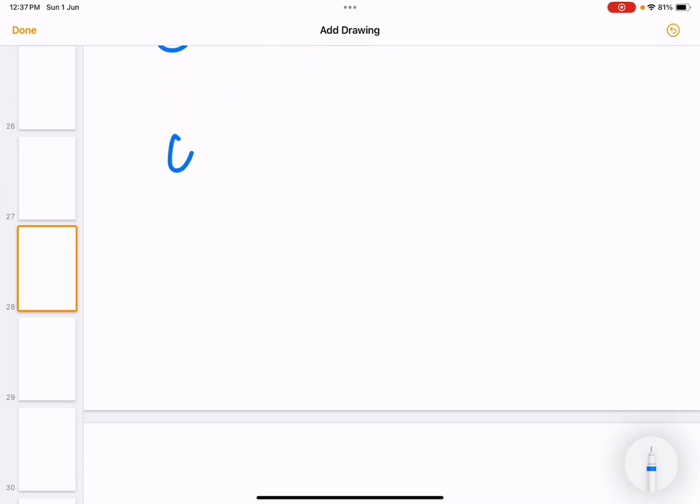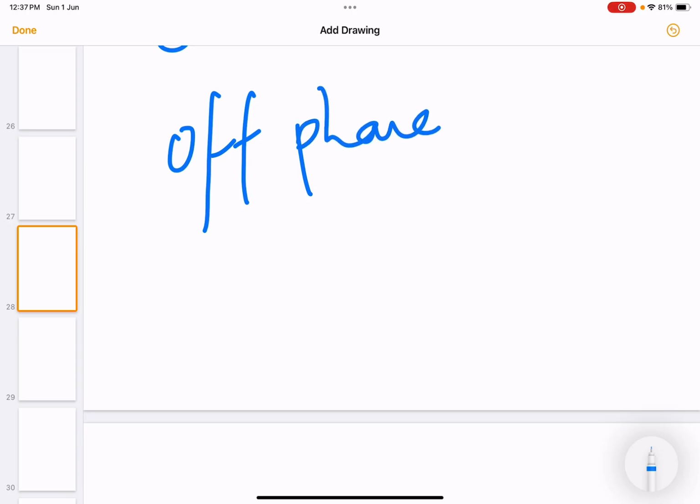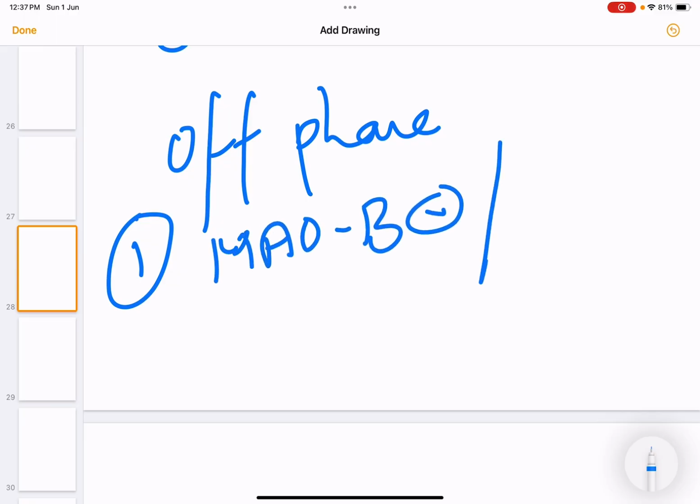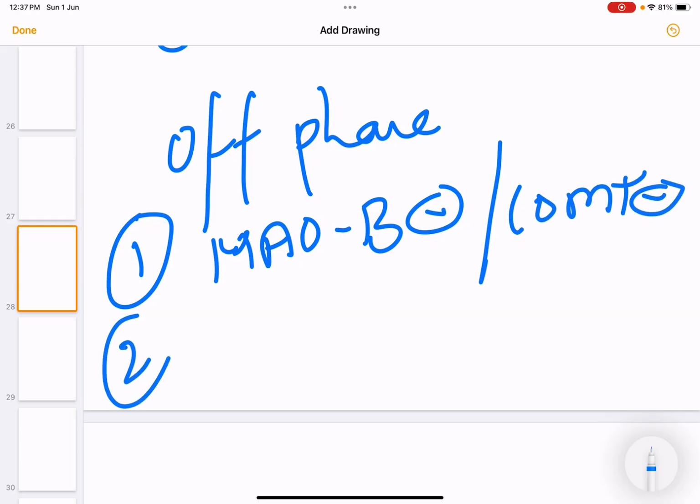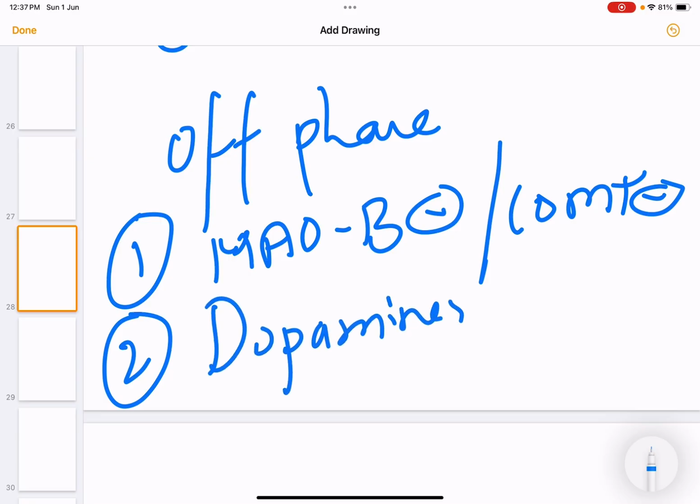Suppose there is an off phase, then what can you do? First, to the levodopa carbidopa combination, we can add an MAO-B inhibitor or COMT inhibitor. Second, to the levodopa carbidopa combination, we can add a dopaminergic receptor agonist.